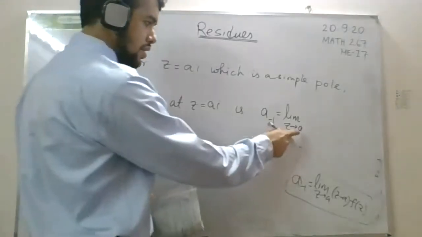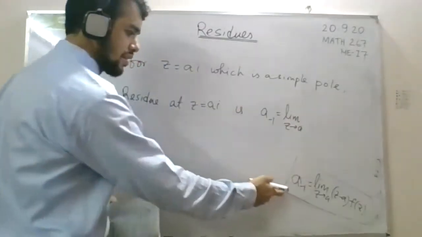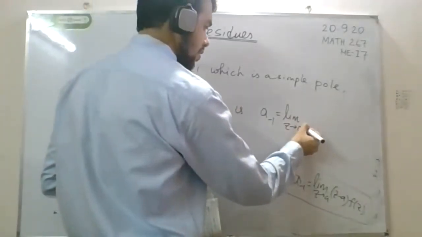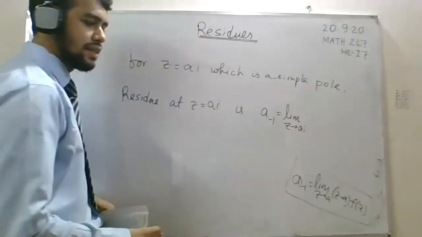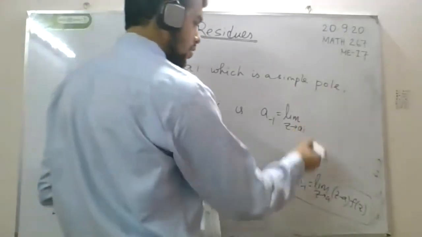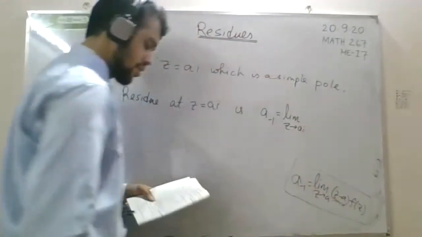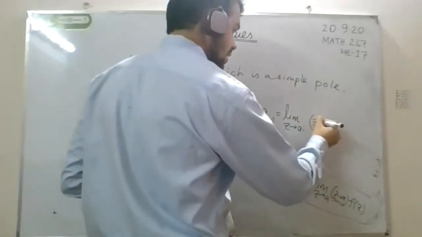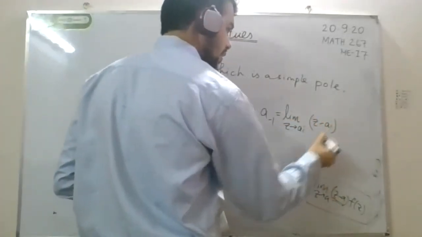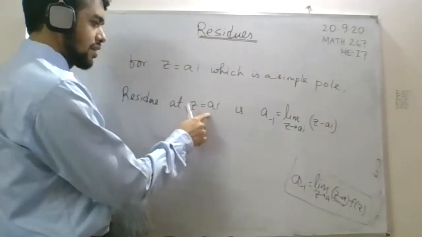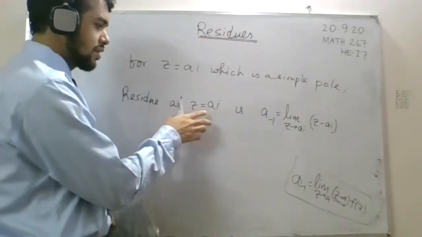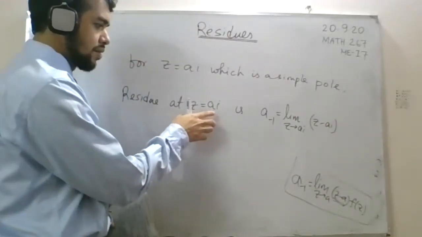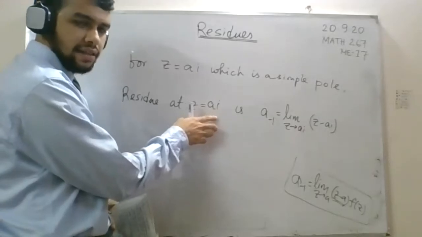Just compare it with this formula. You can say z tends to ai, and z minus a means z minus ai. Just replace a by ai.